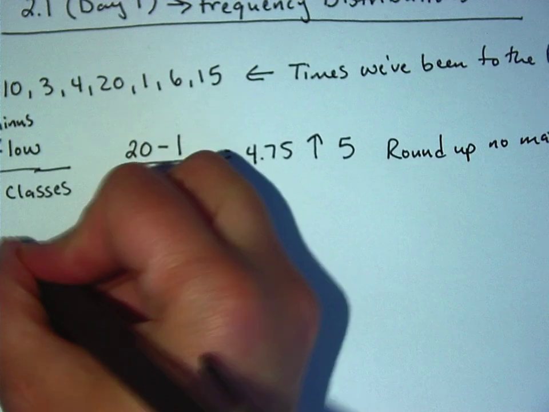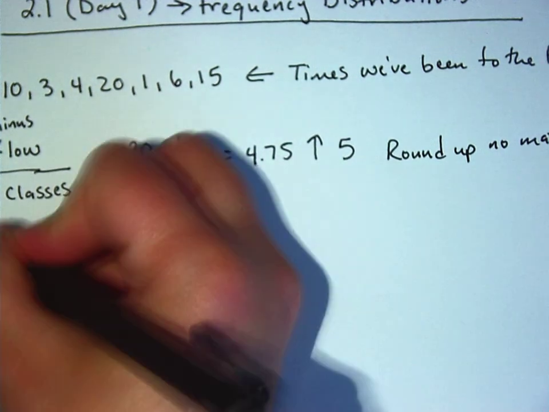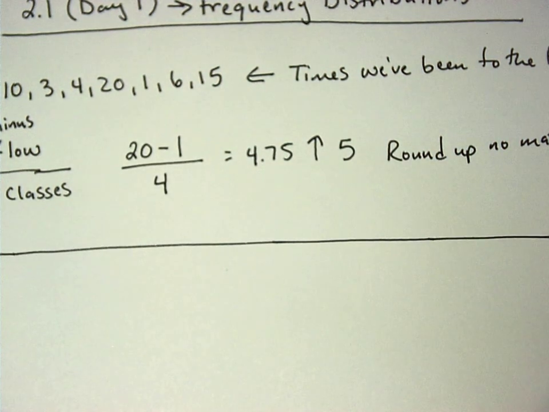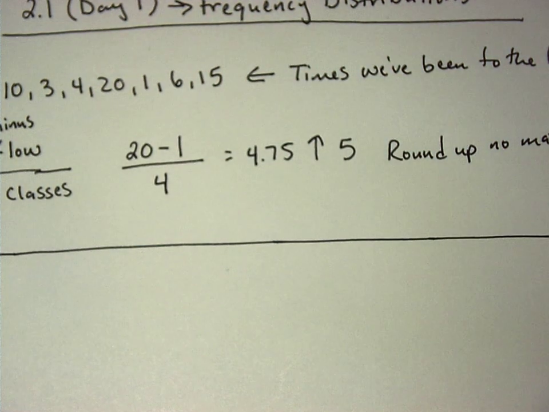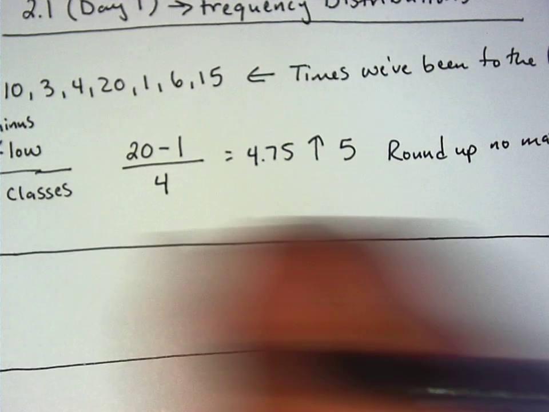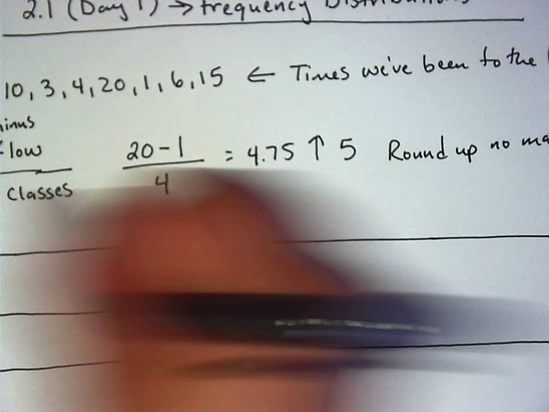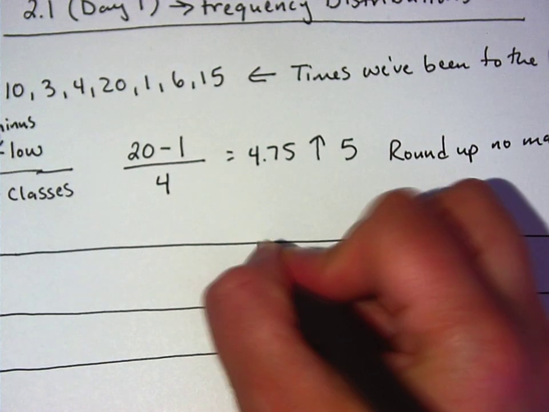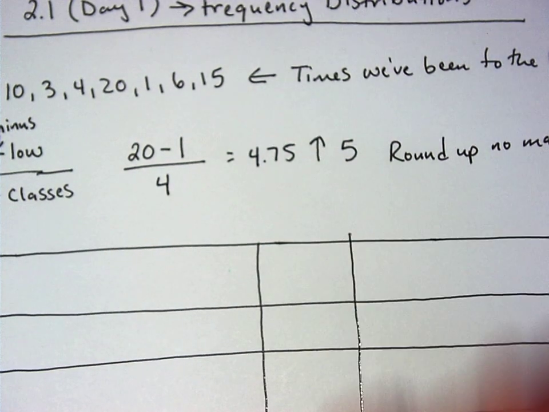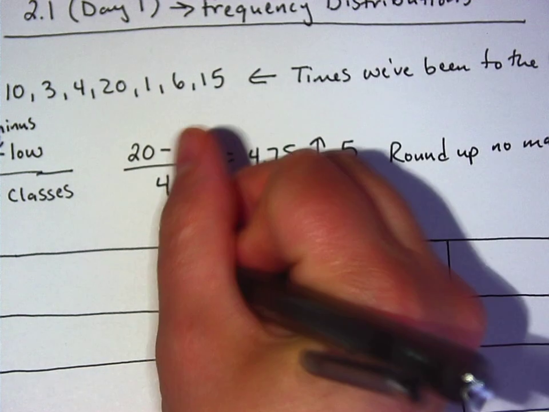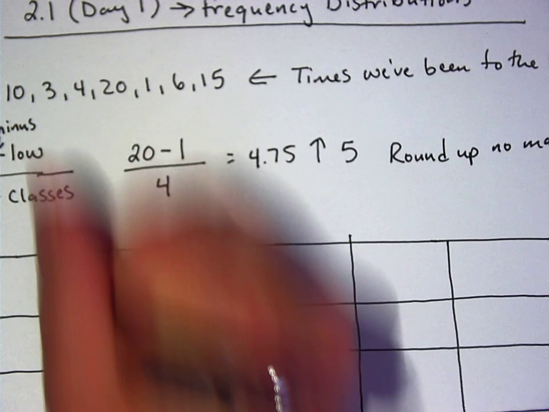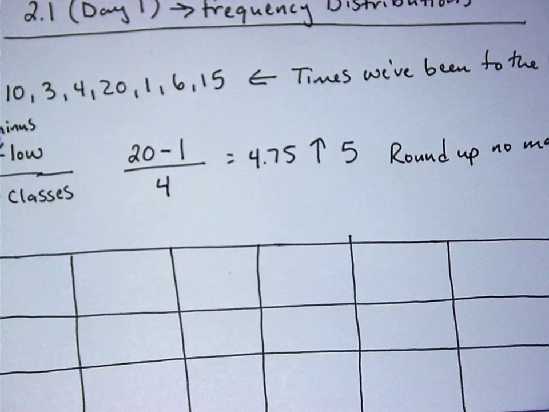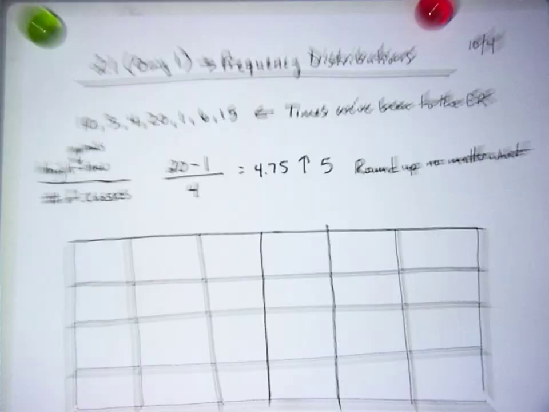All right, next thing we're going to do is we're going to make a table. In your notebook, it is going to be 4 down and 6 across. Like that.